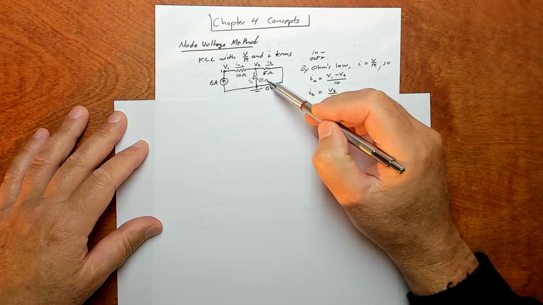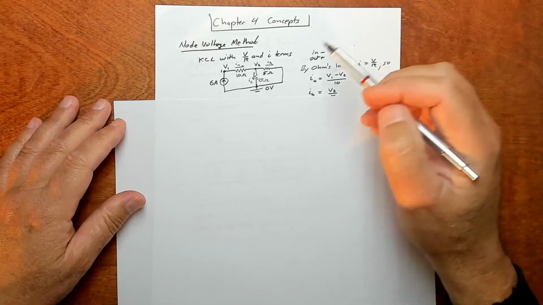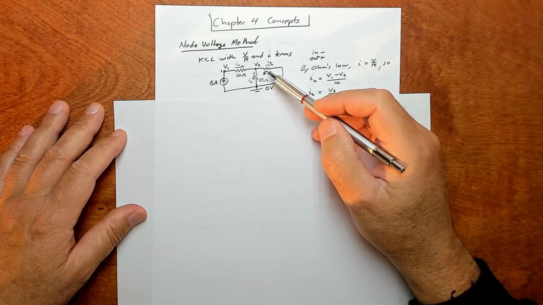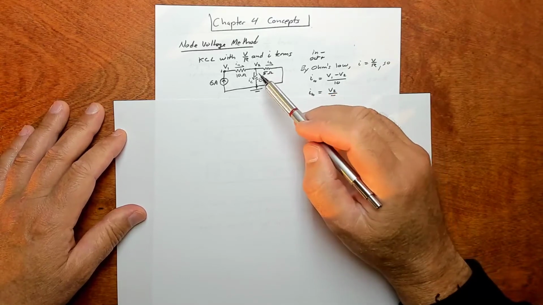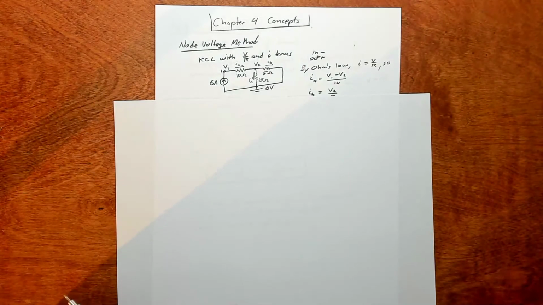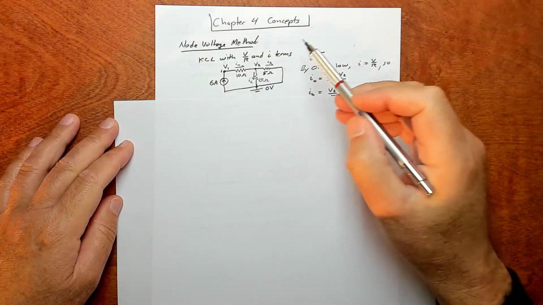Likewise, this 15 ohm resistor is between node V2 and node 0 at the bottom. So basically there's an element between every 2 nodes. All right.